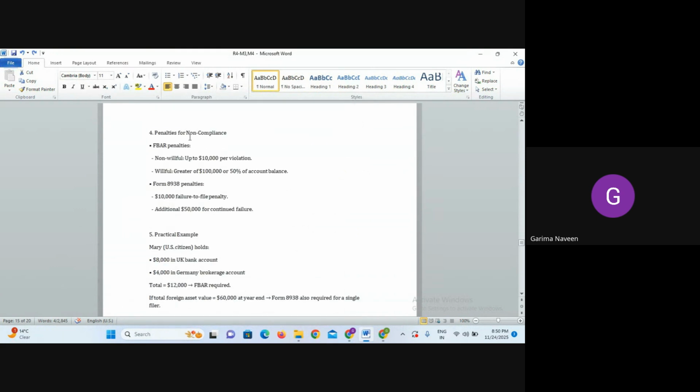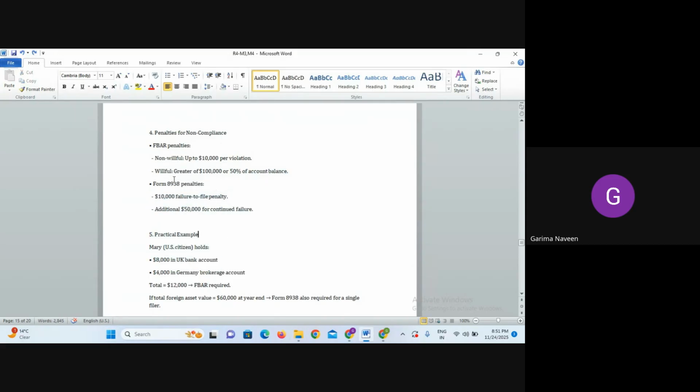Next is penalty for non-compliance. If you are non-compliant with any laws and regulations, the FBAR penalty for non-willful violation, if you have not done it intentionally, is up to $10,000 per violation. But if you have done it intentionally, then it is the greater of $100,000 or 50% of your account balance.